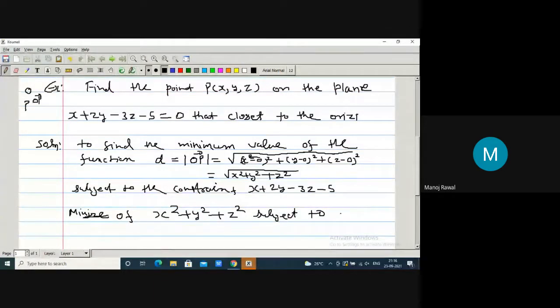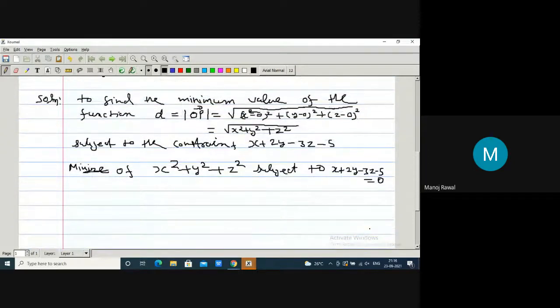Minimize, subject to x plus 2y minus 3z minus 5 is equal to 0. So until now, when we were doing maxima and minima, we were given a function only and no other condition was given. So what is direct substitution? Right now we don't know what Lagrange multiplier is.